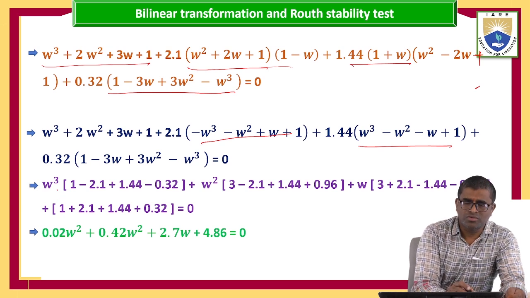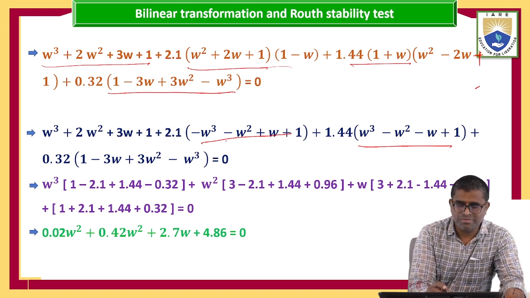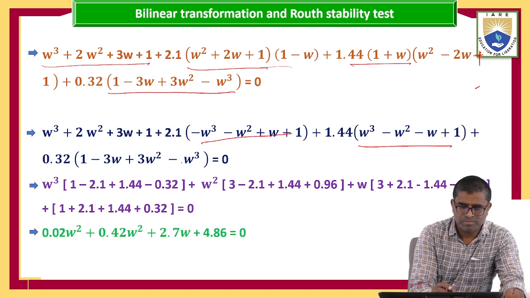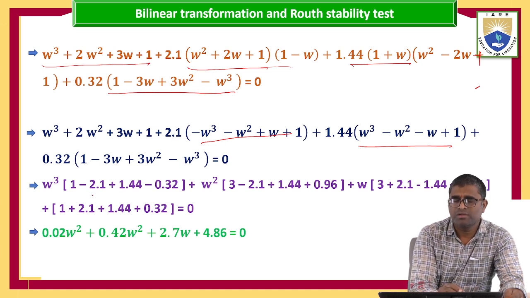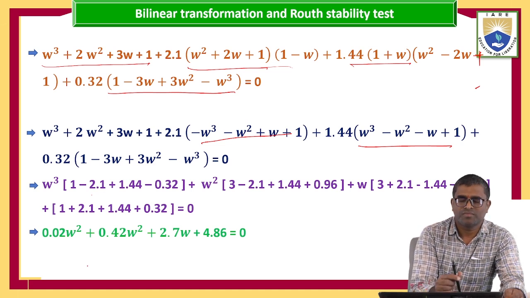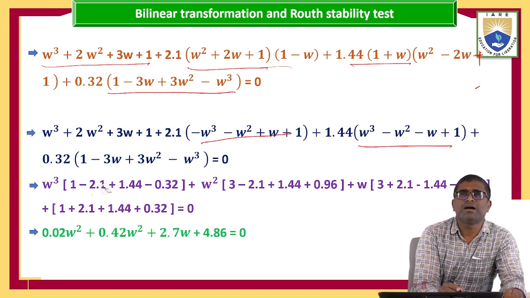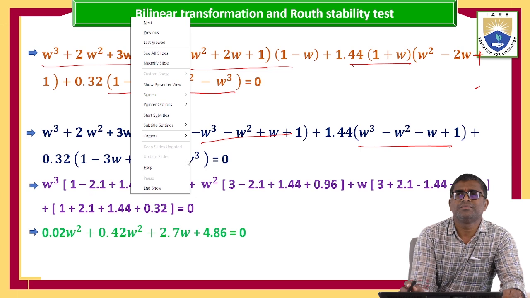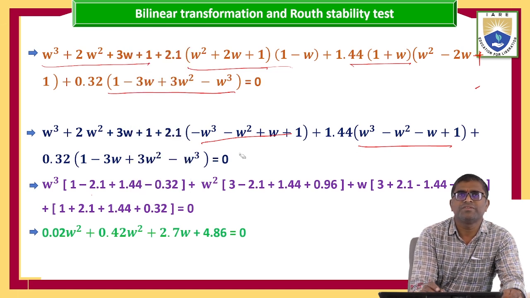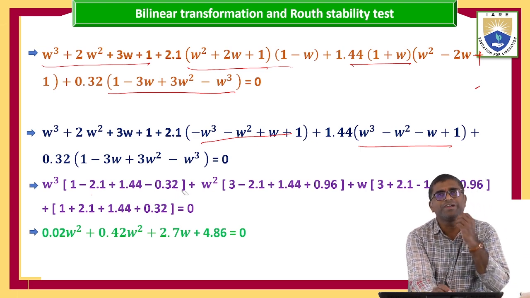I am taking 1 minus 2.1 omega cube here, then 1.44 omega cube, and then minus 0.32. So omega cube is completed.